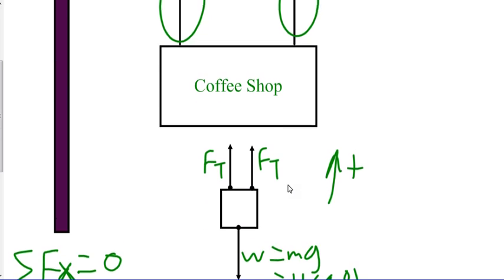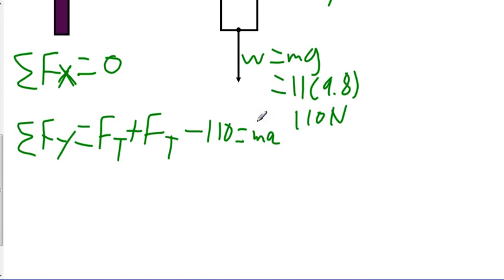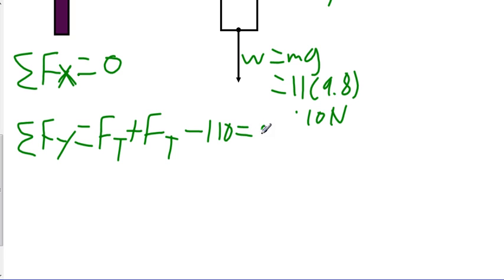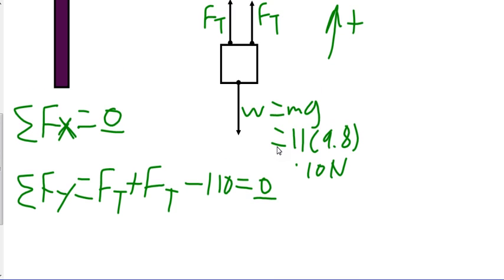which in this case isn't moving. So what that tells us here is that this F equals ma. For this ma, we can replace this with a 0. What this 0 tells you is that this object is in equilibrium.